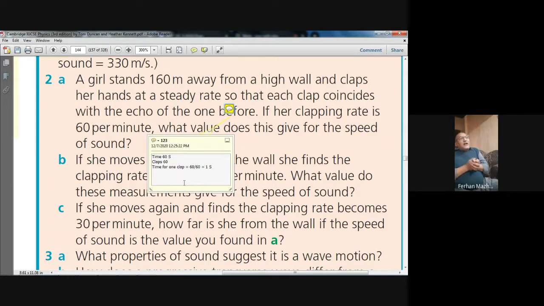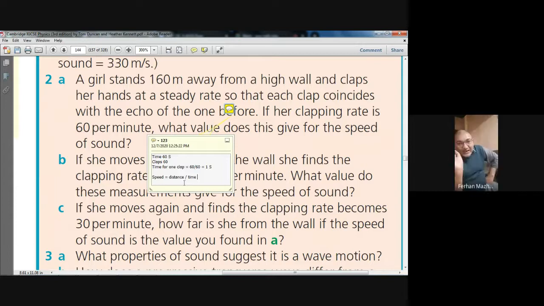The speed of the sound will be the distance traveled by the sound wave divided by the time the sound wave takes. In 1 second she is doing one clap and she is coinciding her claps with the echo. So in 1 second the sound wave covers 160 meters and comes back.